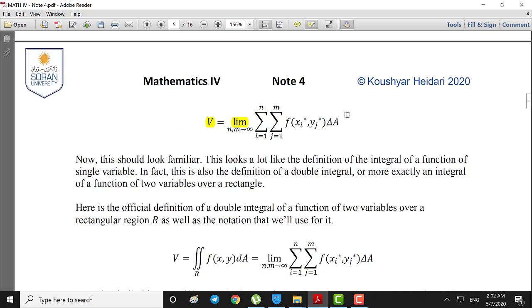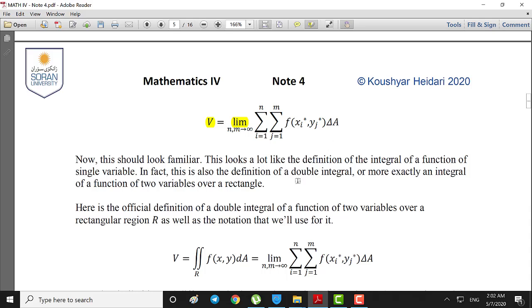And this setup should look familiar. This looks a lot like the definition of the integral of a function of a single variable. In fact, this is also the definition of a double integral, or more exactly, an integral of a function of two variables over a rectangle.